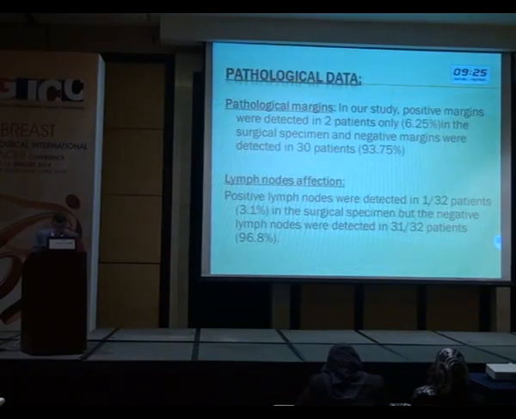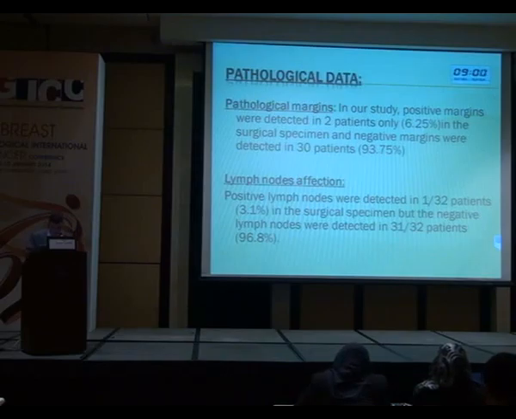In our study, positive margins after surgery were detected in 2 patients only, 6% in the surgical specimen, and the remaining patients revealed negative margins. Regarding lymph node involvement in the surgical specimen, we noted 1 case only showing a positive lymph node.